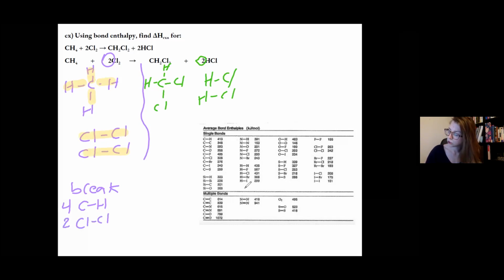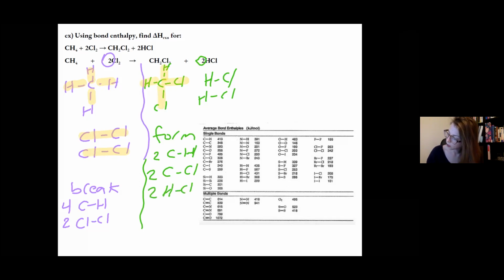Then I am going to form 2 CH bonds, 2 CCl bonds, sorry, that first H is a little messy. And then also 2 HCl bonds, which I will highlight now.